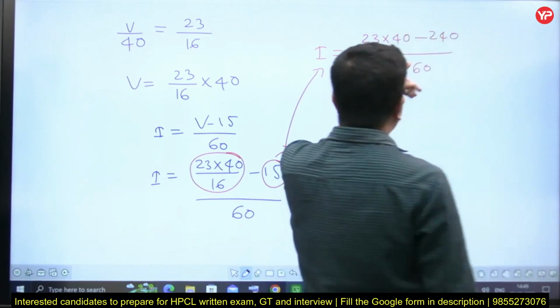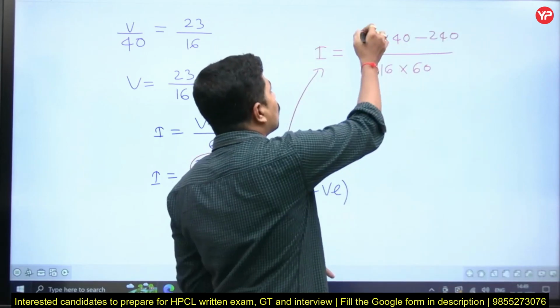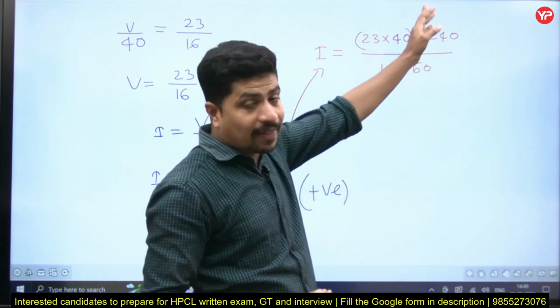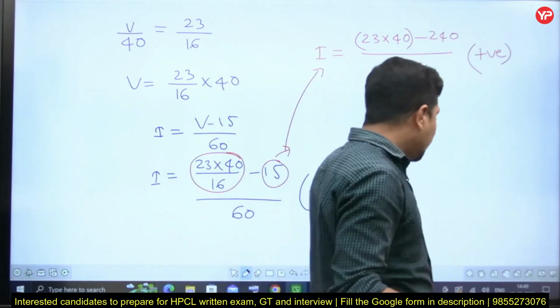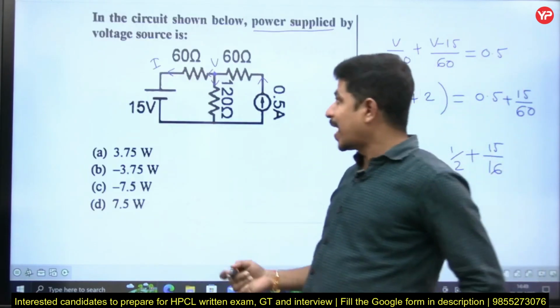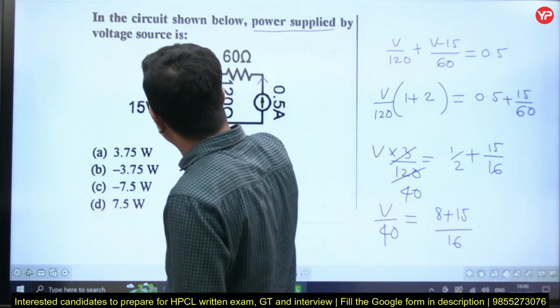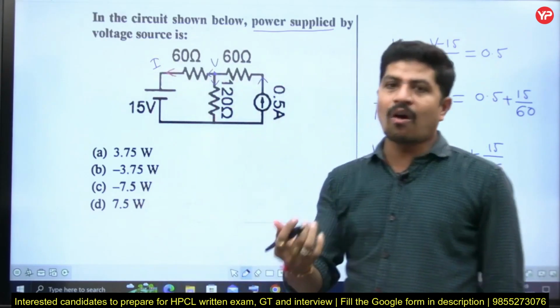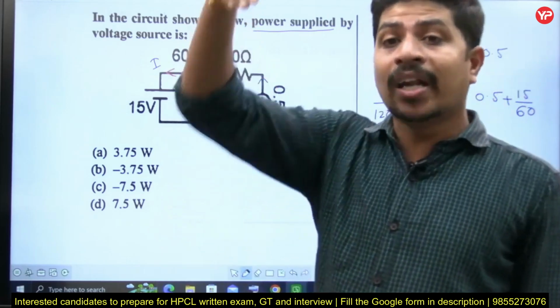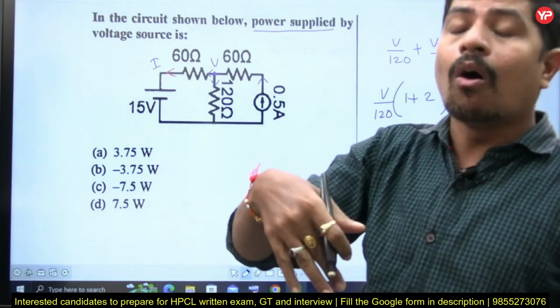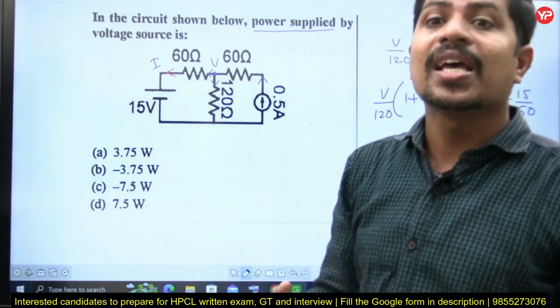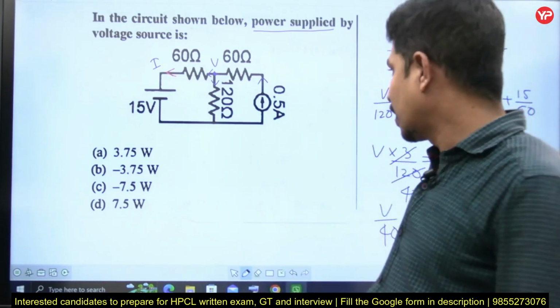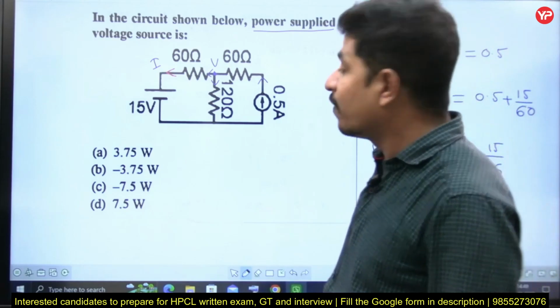I can say 23 into 40 is greater than 240, therefore I is positive. I is positive means current is entering. If positive current is entering into the positive plate of a DC source, then it is absorbing power. So it is not supplying, in fact it is absorbing.